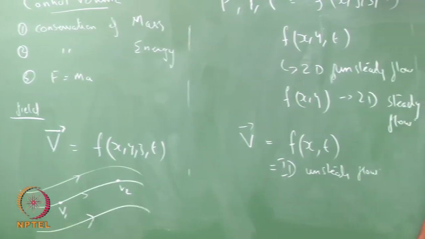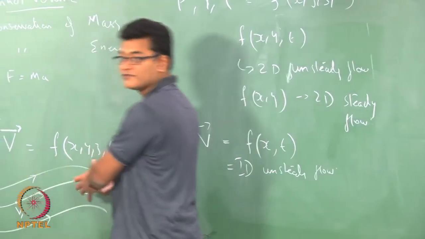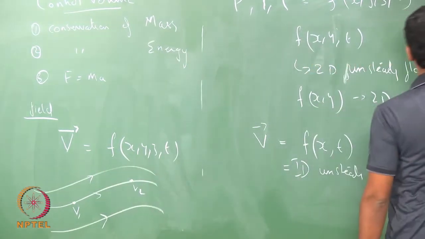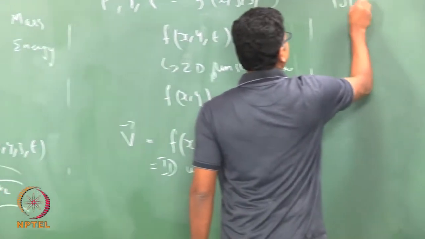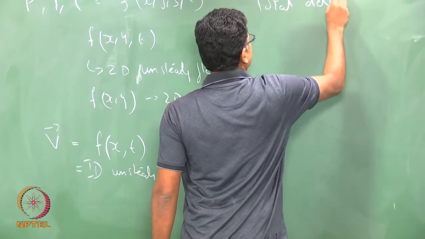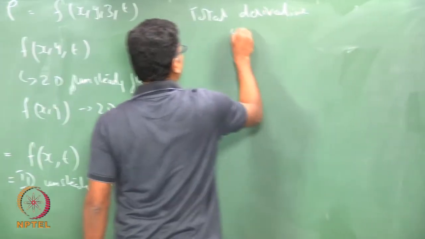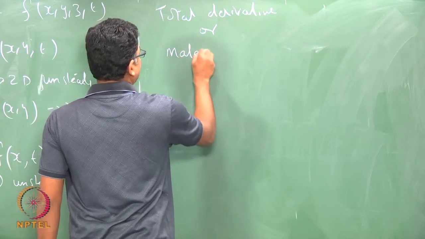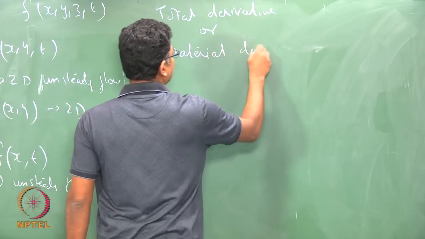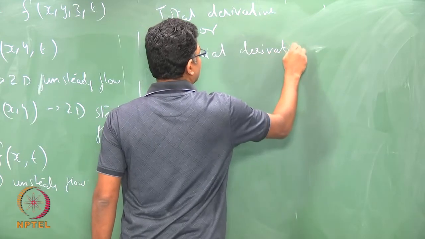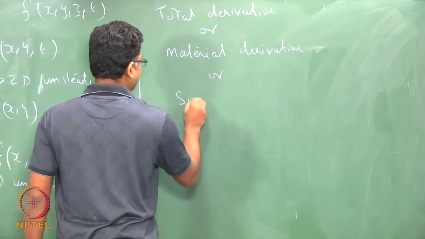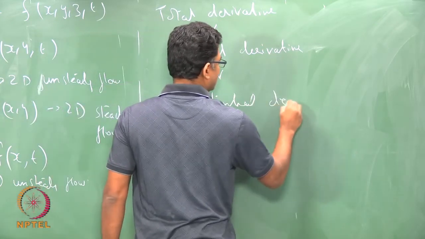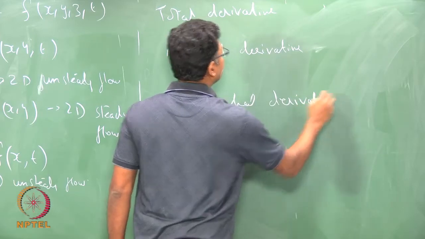then the rate of change of that property as we move along with the particle is something called the total derivative or the material derivative or the substantial derivative of that property.